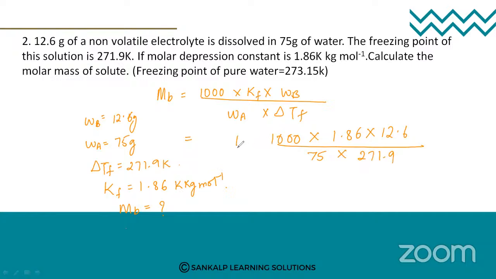By this you can calculate the MB. So just see how much you are getting. So 1000 into 1.86 into 12.6, divided by 75 into 271.9.